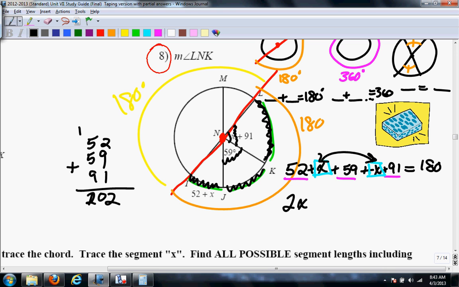So I have 2x plus 202 equals 180. You're going to take it from there. You're going to solve for x, plug x in, find the measure of those angles, and then solve for every potential arc and angle available.